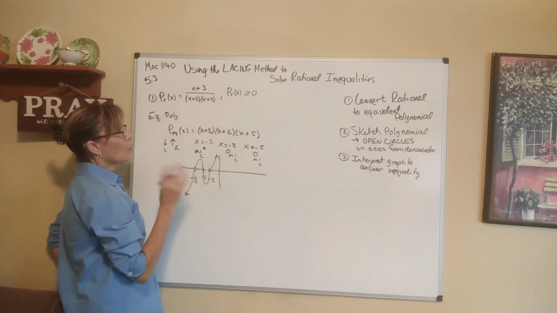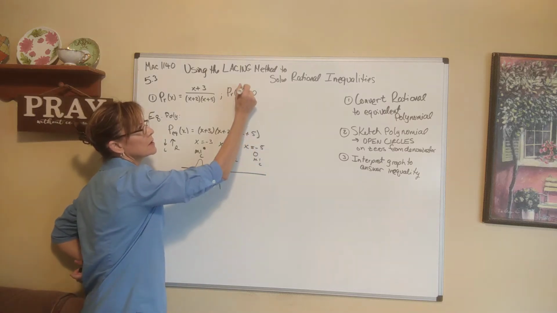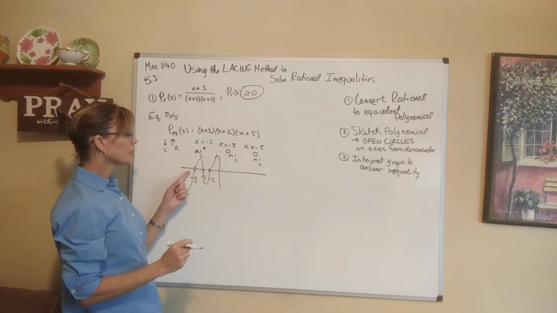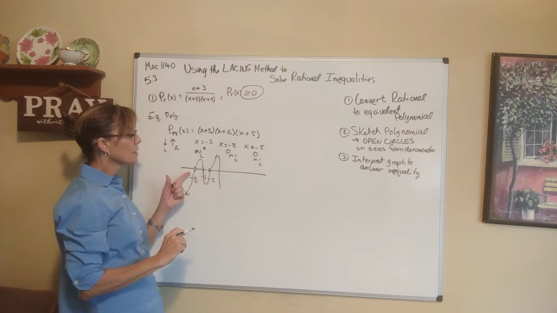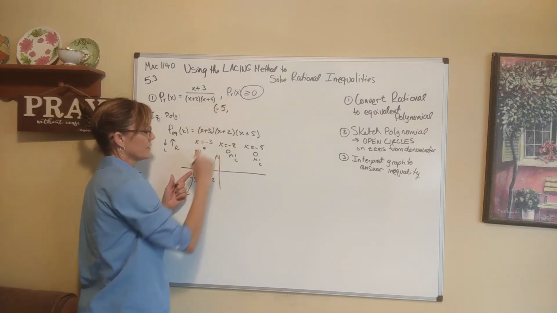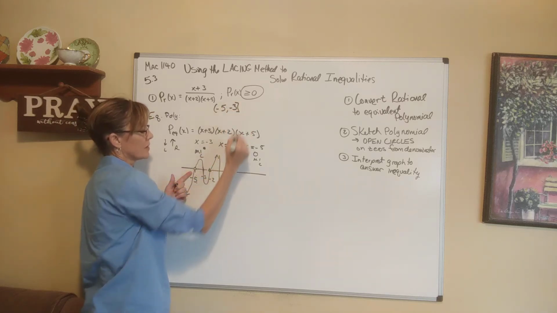So, where is this greater than or equal to 0? This is what we're trying to answer. Well, this has to be open, so we cannot include -5 no matter what. So the answer will be from -5 to -3. We can include the -3.